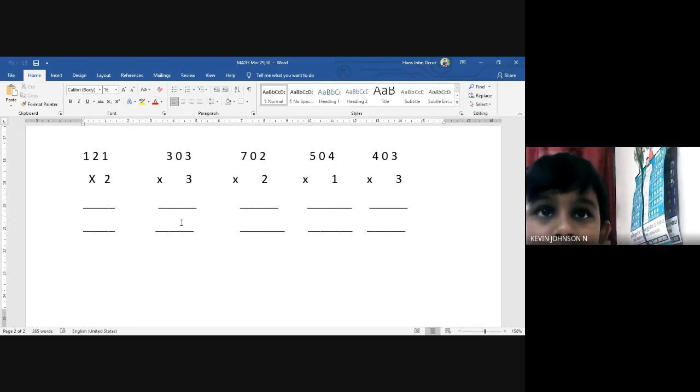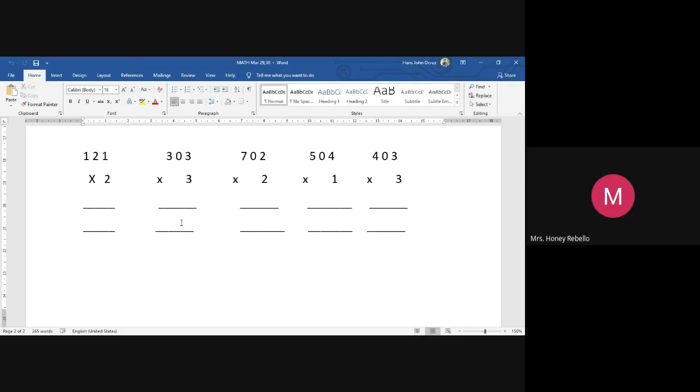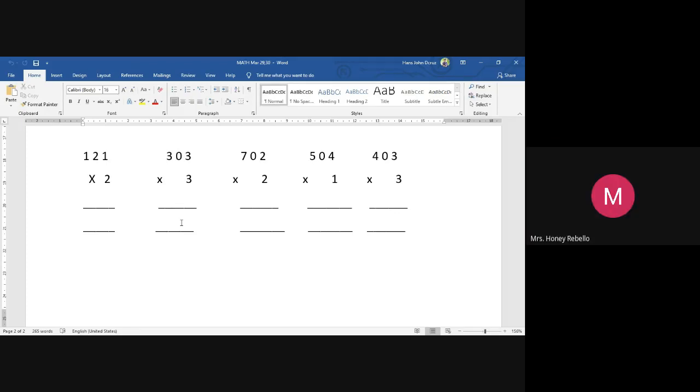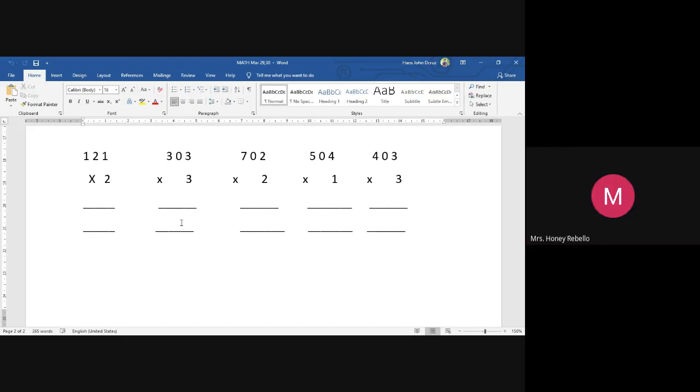Say 504 into 1. You have to take one. 4 1s are 4. 0 1s are 0. Very good. 5 1s are 5. Very, very good.